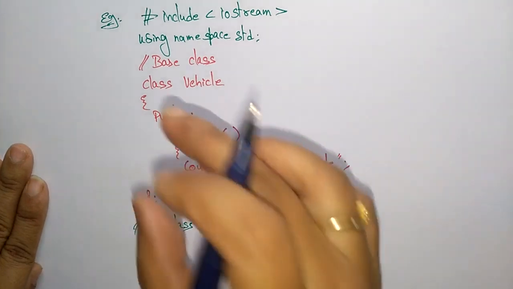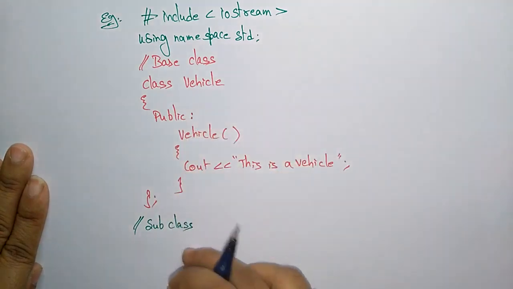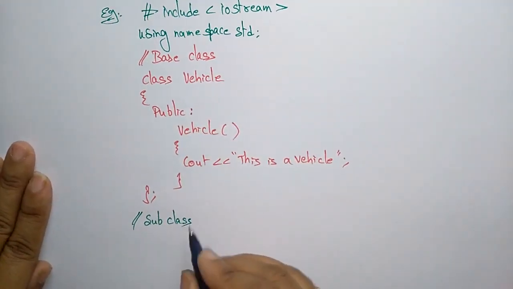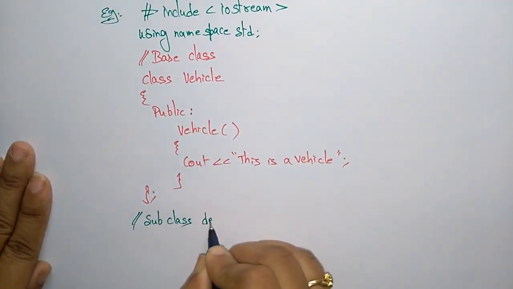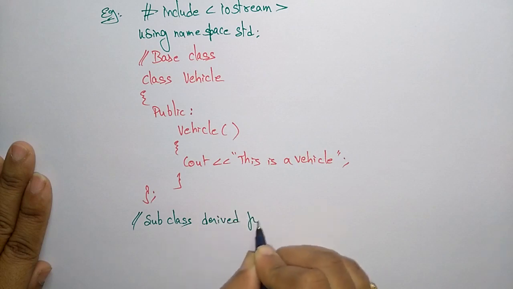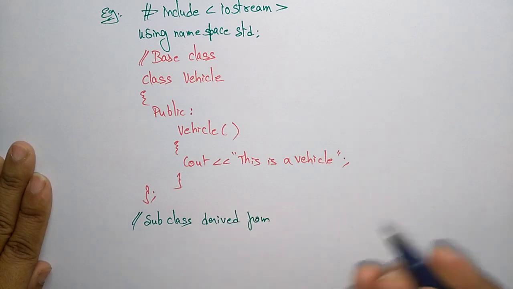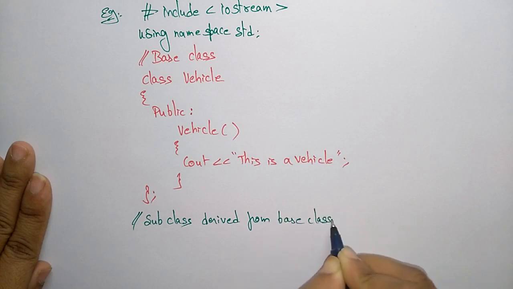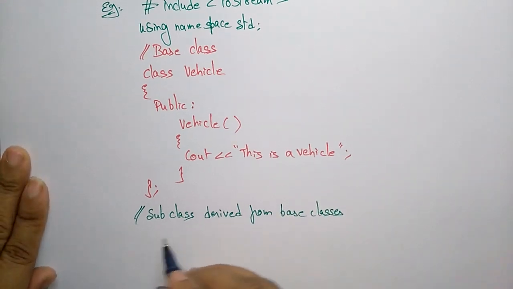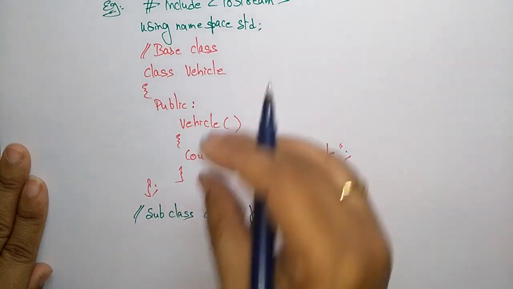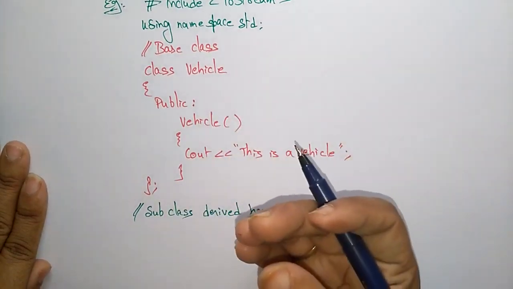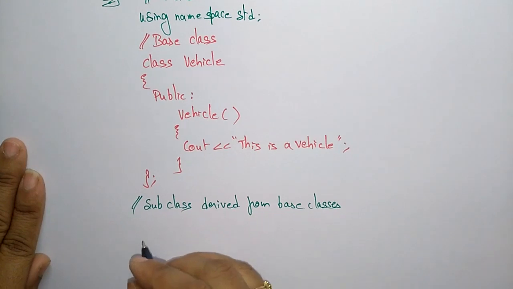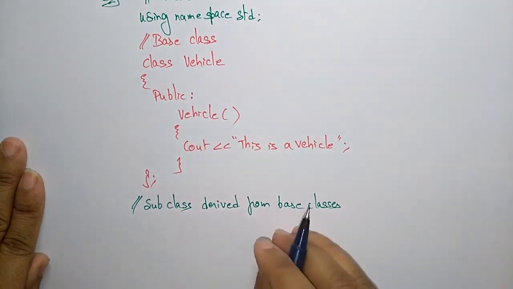In single inheritance, you have only one base class and one subclass, that is the derived class, derived from the base class. How will you inherit the properties of the base class? I already explained the syntax of the derived class.